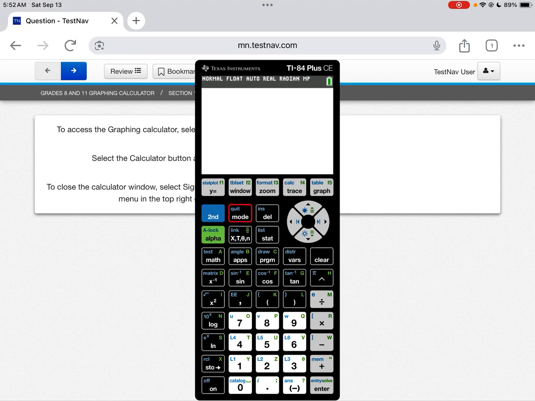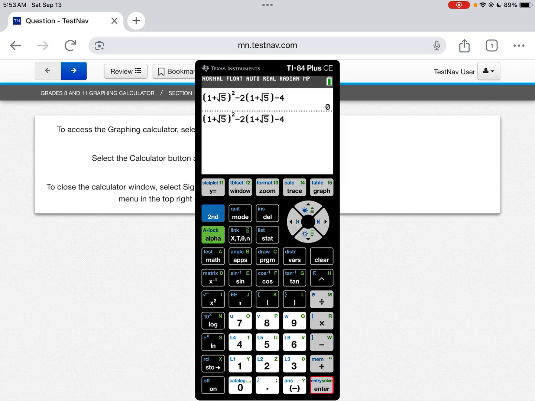And you could put in, what was it, 1 plus the square root of 5, which is x, square it, minus 2 parentheses 1 plus the square root of 5 minus 4, and it should equal 0, and it does.